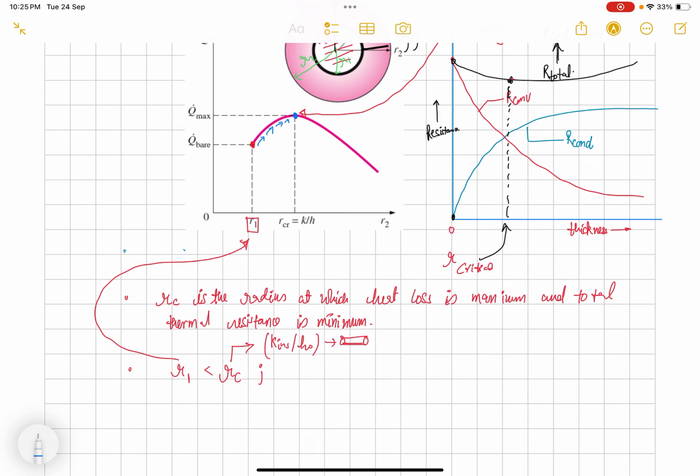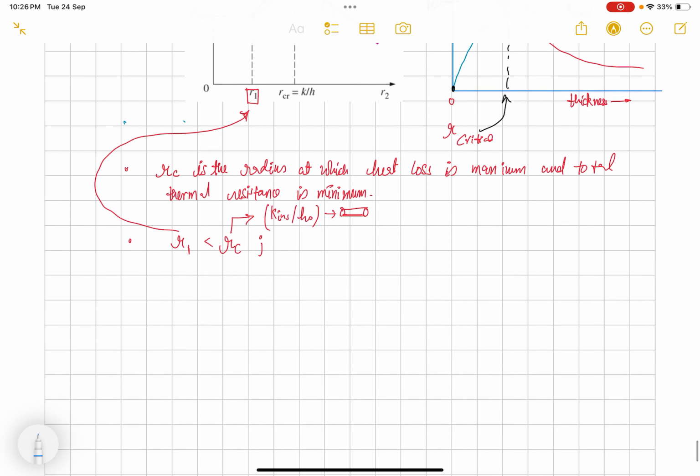Let's say for a steam pipe, to reduce the heat loss we have to insulate it more, so that heat loss must decrease. So for the first case, if R1 is less than RC, then due to insulating the material, heat loss first increases up to critical radius and then decreases.